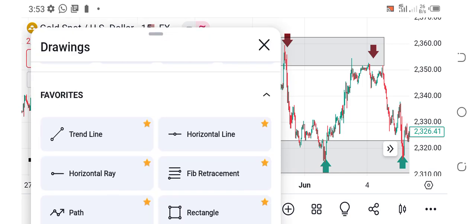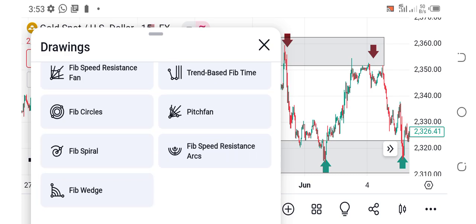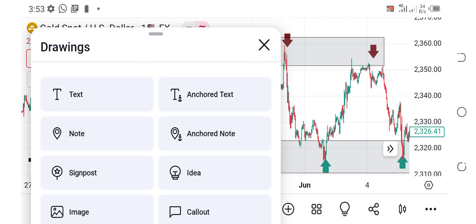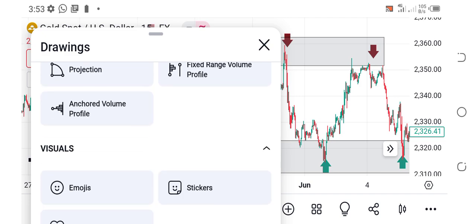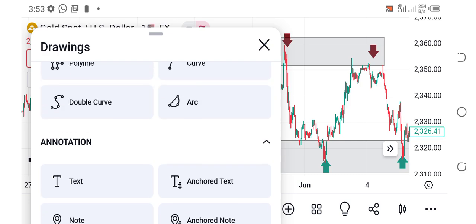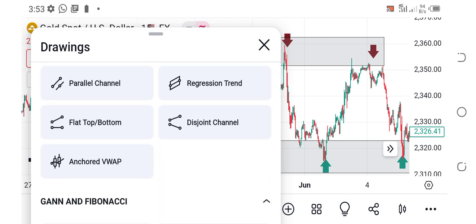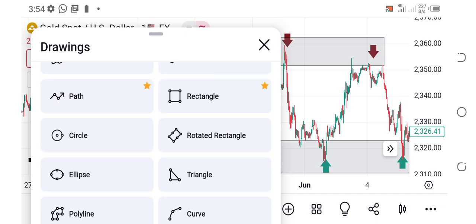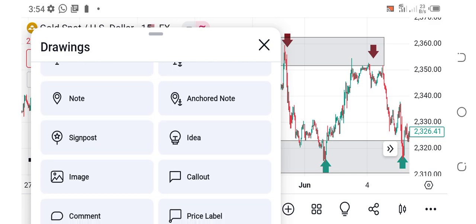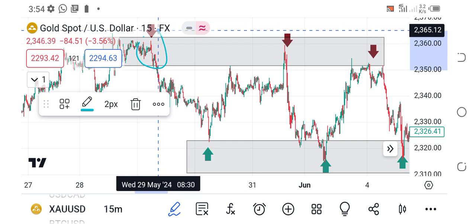So let me show you what I mean here. As you can see, price got to this resistance level the first time.